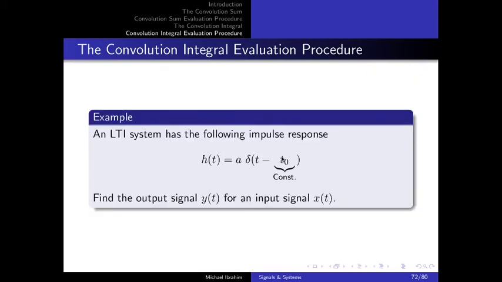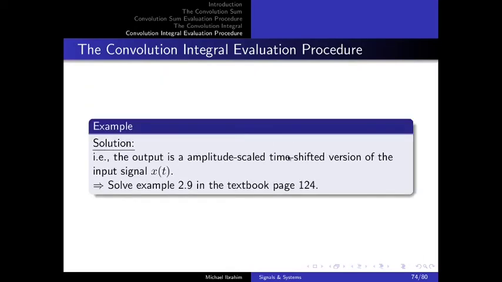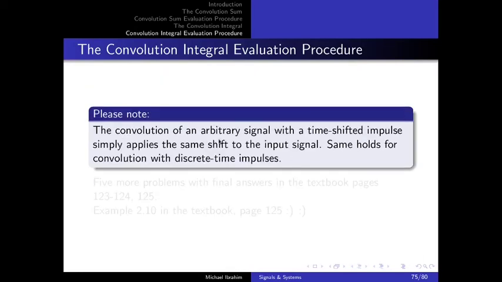In the previous example, we had x of t being convolved with delta of t minus t naught. An arbitrary signal convolved with a shifted impulse gives us the same signal x of t but with the same shift, x of t minus t naught. So the output is the same input signal with the same time shift as the shifted impulse.